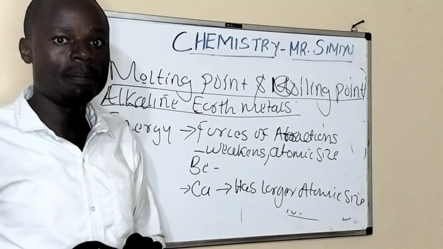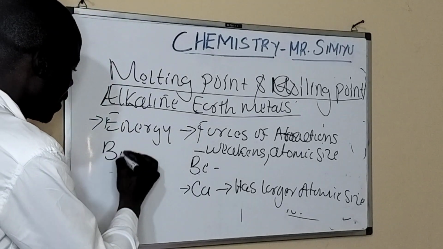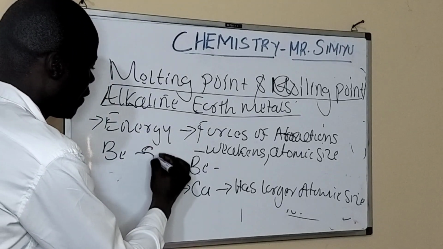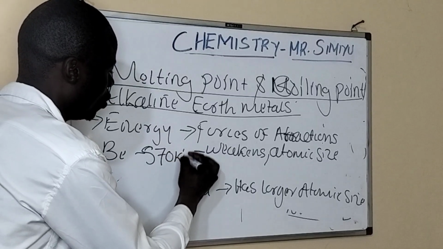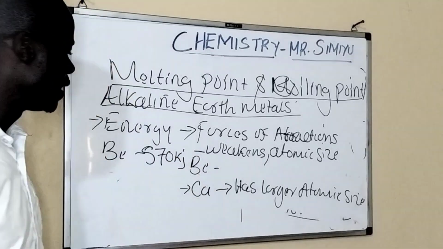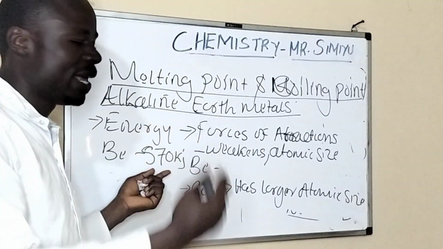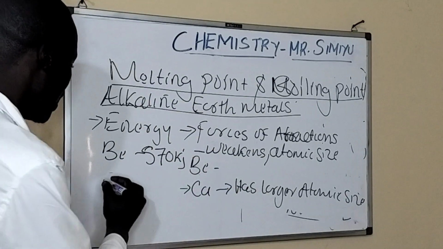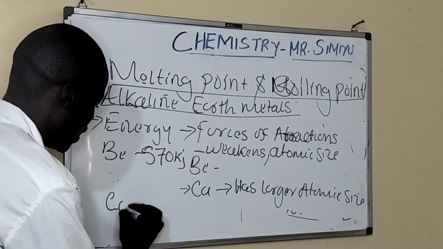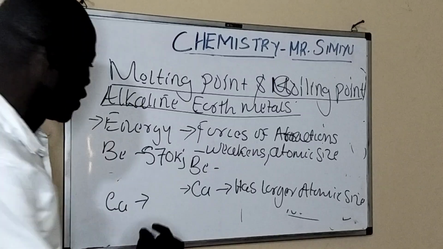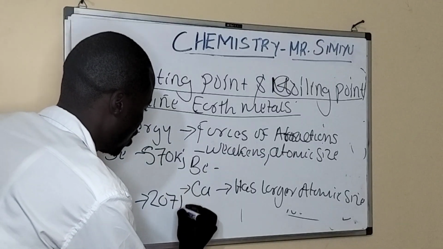Because we find that beryllium has 570 kilojoules, the energy required to melt that metal. And then calcium has 207 kilojoules per mole.